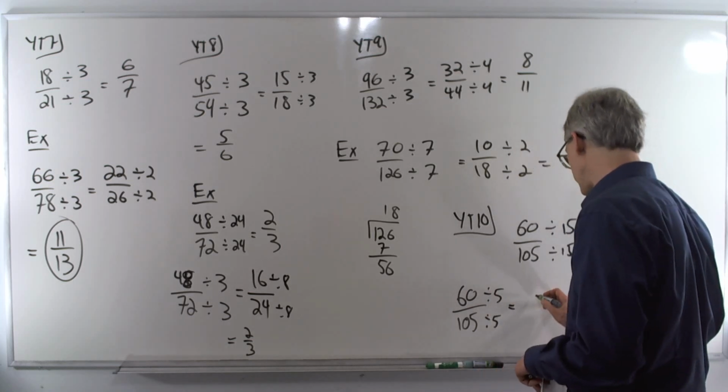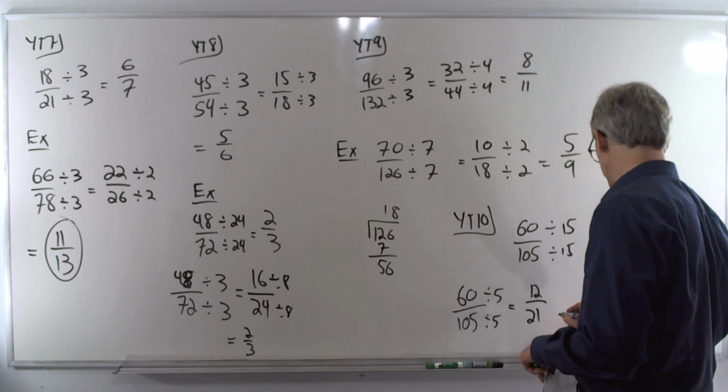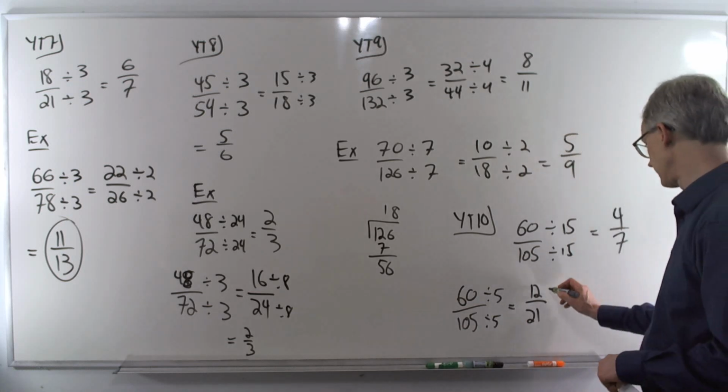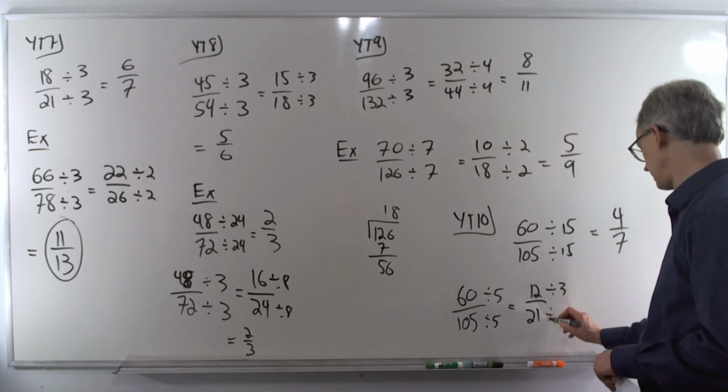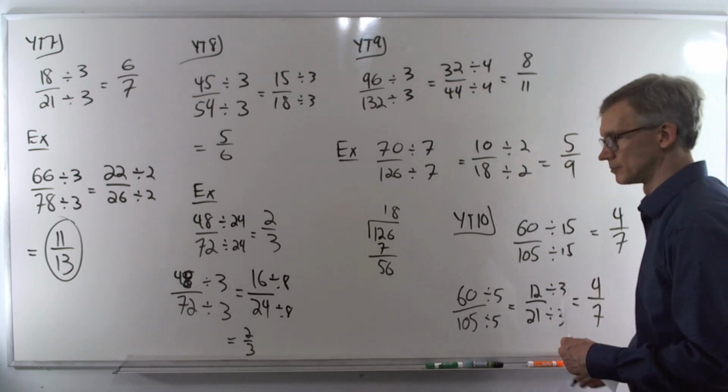All right, 60 divided by 5 gives us 12. And 105 divided by 5 gives us 21. All right, and then divide by 3. And we get 4/7.